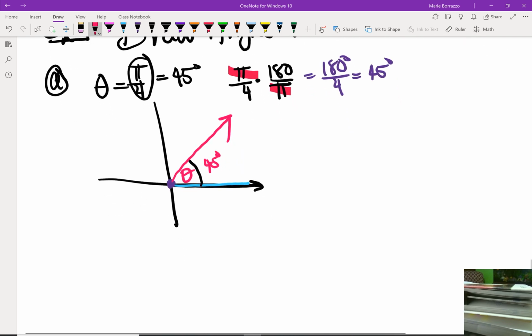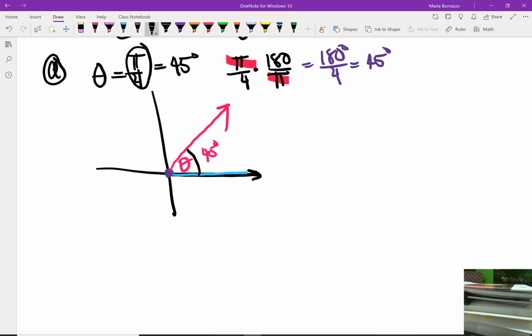If we were to do the next one, part B, they give us a value where we have alpha. I always draw alpha, it looks kind of like a little fish. This is equal to 5 pi over 4. So I want you to think about this for a moment.